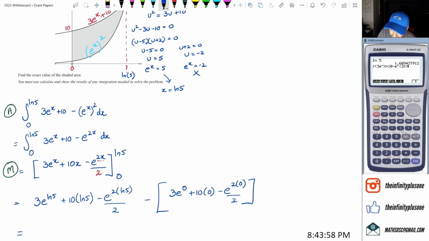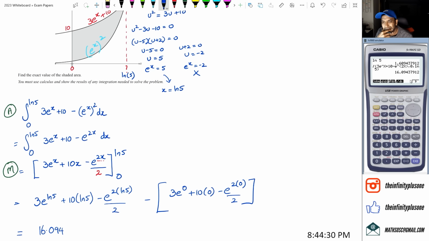And I'm going to put my limits, which is between 0 and ln of 5. Now, I just realized the problem with this, but it's all right. So I'm getting 16.09, I can call it 16.094 if I want to.